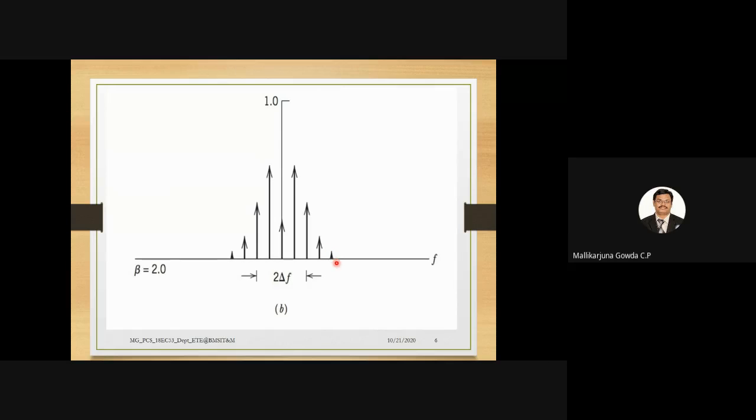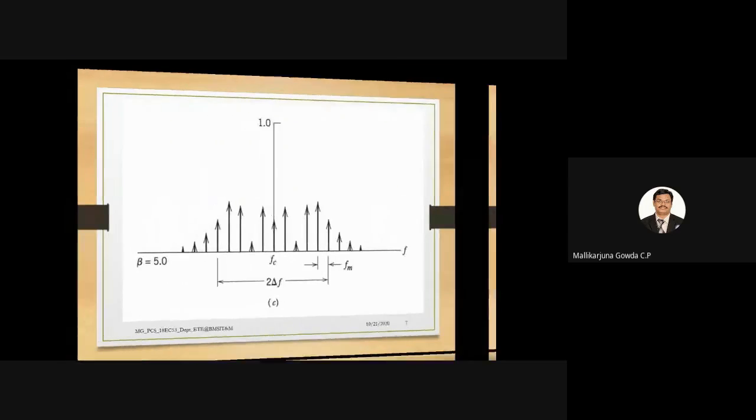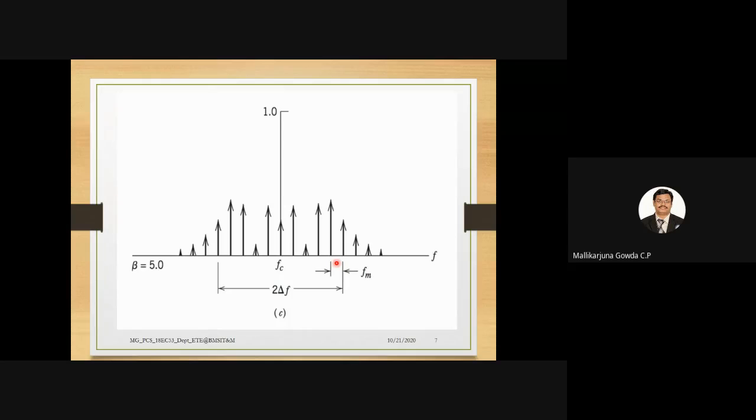Okay. Next, have a look at when beta is 5. What you're observing here is the spacing of FM.